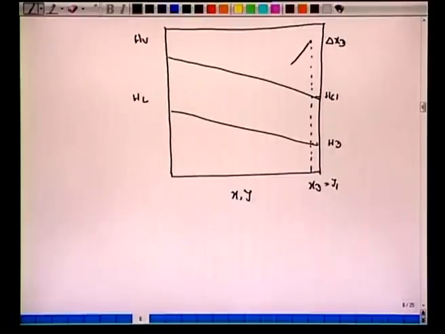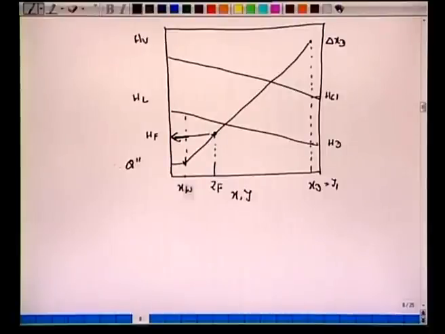We have this line going through the feed. If you look carefully, this feed composition corresponds to this ZF and the enthalpy; this feed is cold, so the feed coordinate will not lie on this enthalpy. Anyway, that's not important. We are saying that delta XD through this HF, if we extend it, intersects this XW vertical line to obtain this Q dash, which is equivalent to your delta XW.